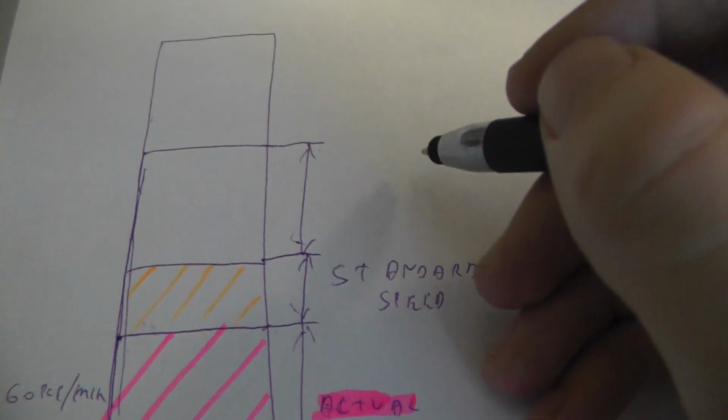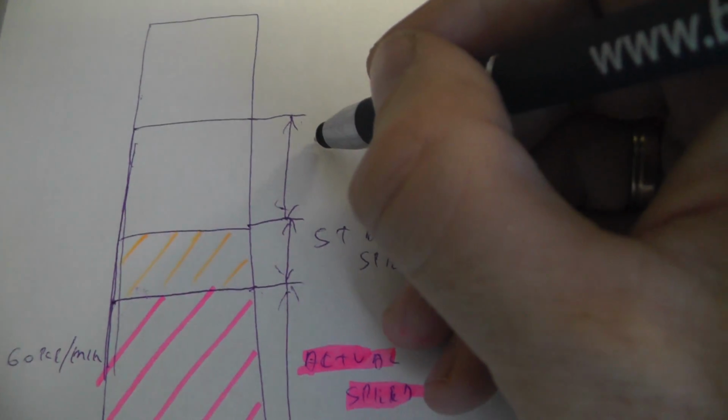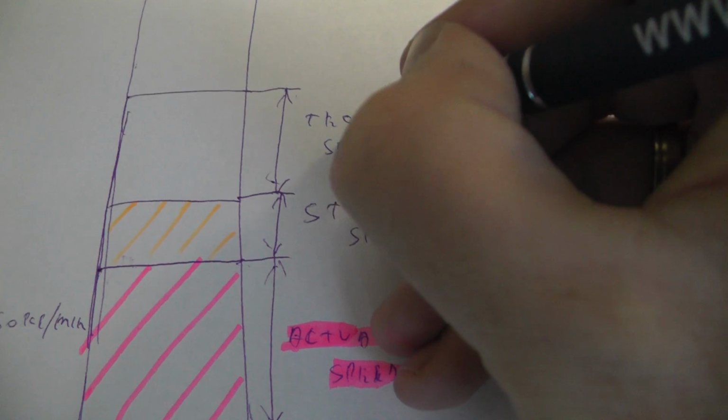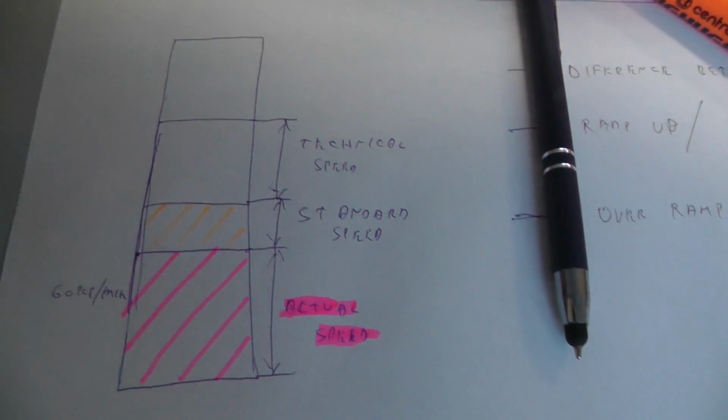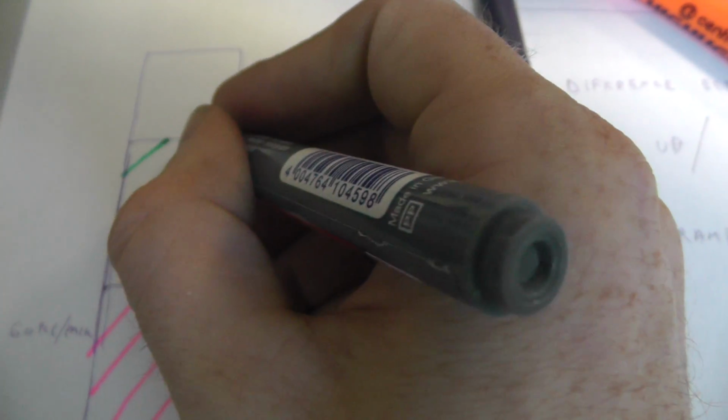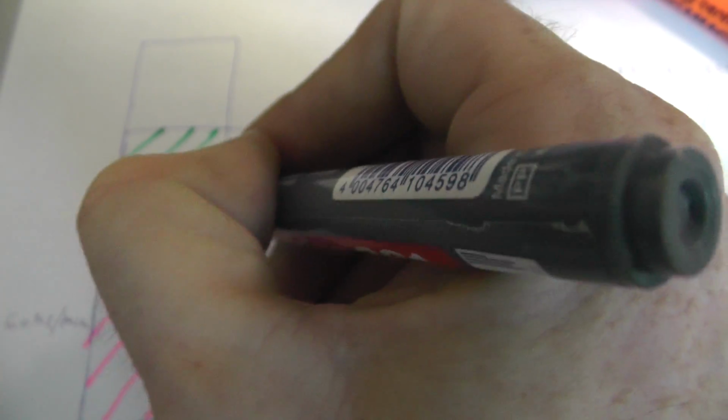What technically equipment is possible to give to us. Technical speed. Okay, so I take blue one, green one. So this is technical speed. We can give here, for example, 70 per minute, and here 100 per minute.